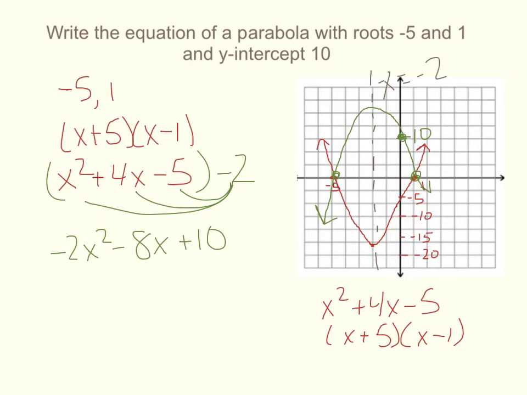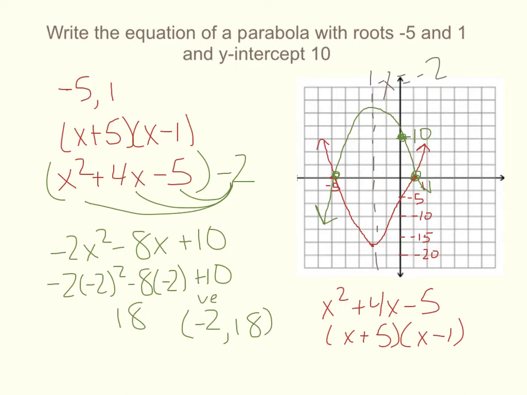So if we wanted to find the vertex of this parabola with y-intercept 10, all we're going to do is put in -2 for x, and when we do that, our result is 18. So our vertex is -2, 18. So this is our vertex. Up here, we know this is -2, 18.